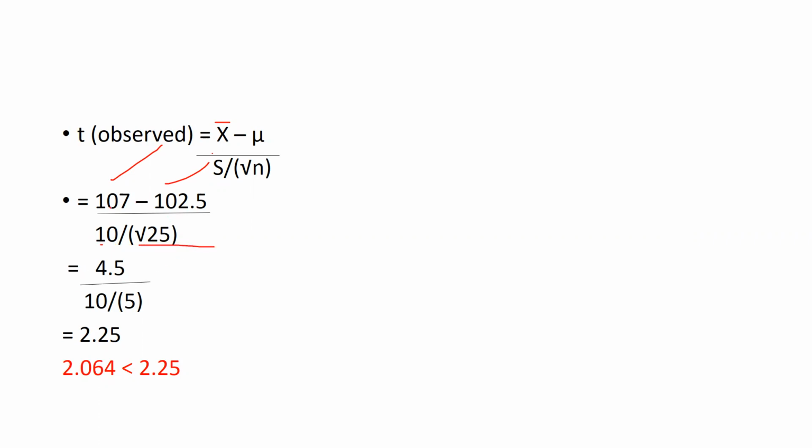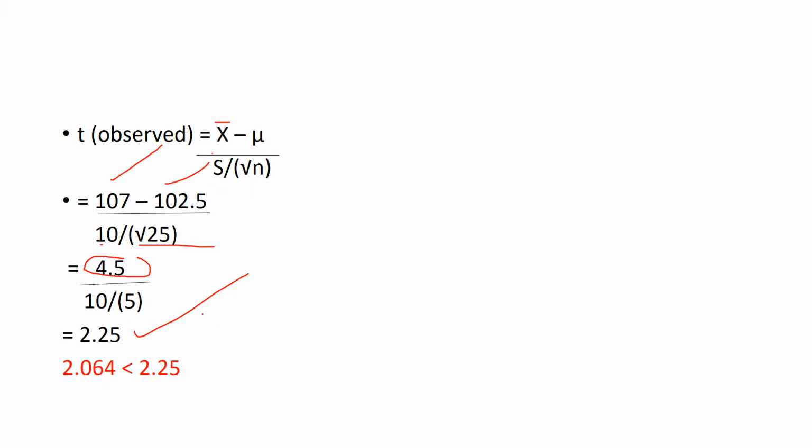Ultimately, when we solve this, 4.5 is the difference between x bar and mu, and 10 divided by 5, we solve it further. So the final t observed value, or we can call it the t calculated value, is 2.25.